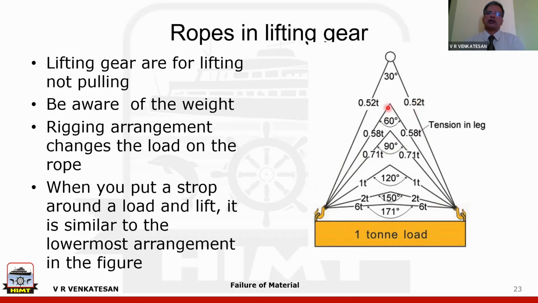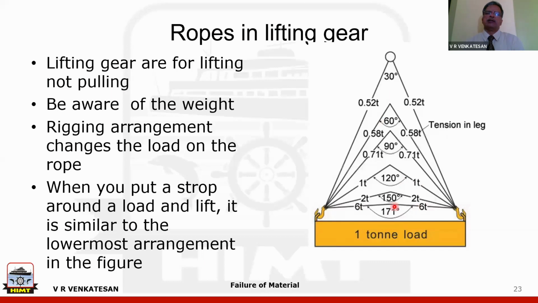If this wire sling, the sling which is holding it together, is shorter, then it will have to come like this, and this angle increases to 60, and the load becomes 0.6 almost. Then with shorter and shorter slings, finally you will see that at 120 degrees, each of these ropes is actually carrying 1 ton load.